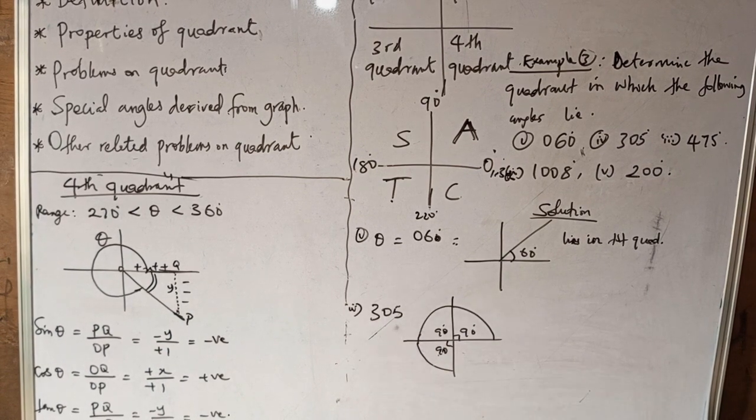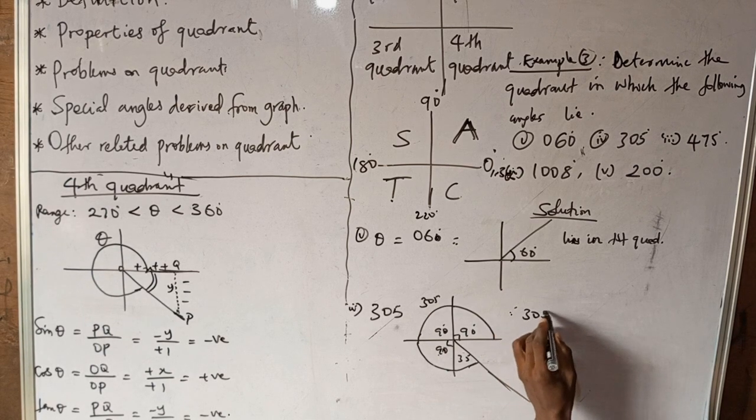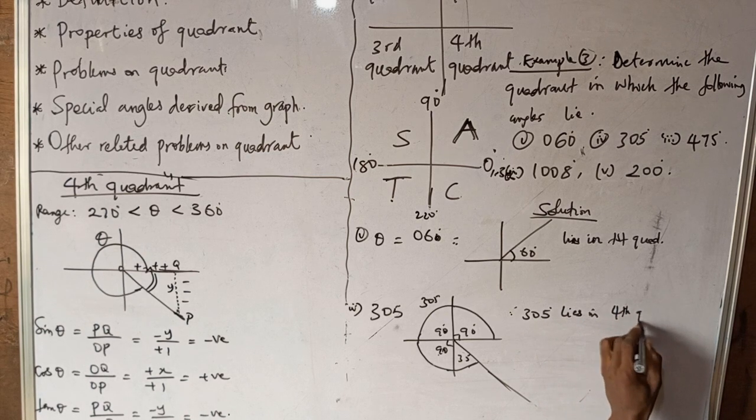Then what is going to complete to give us 305? 305 minus 270 is 35, so an additional 35 degrees. So 305 degrees lies in the fourth quadrant.